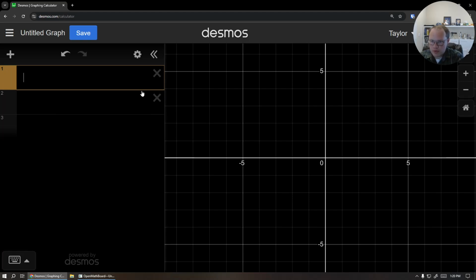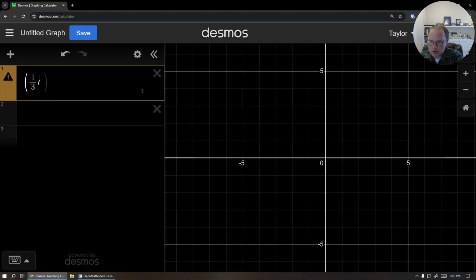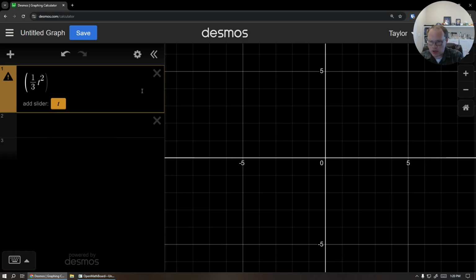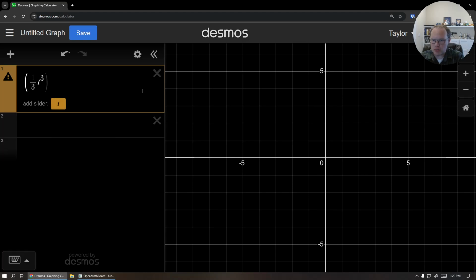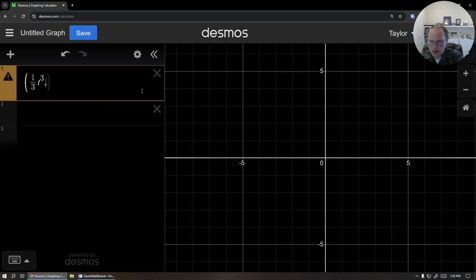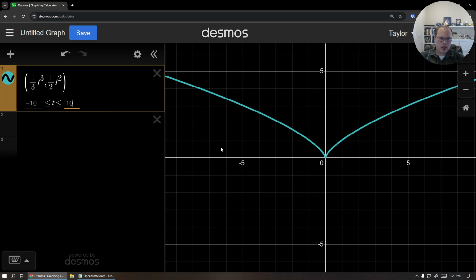Sorry, no, wait, which one was it? 1/3 t cubed, comma, and then the j component was 1/2 t squared. And to just make sure we get a full picture, let me go from negative 10 to 10. Okay, so we have this very interesting curve.